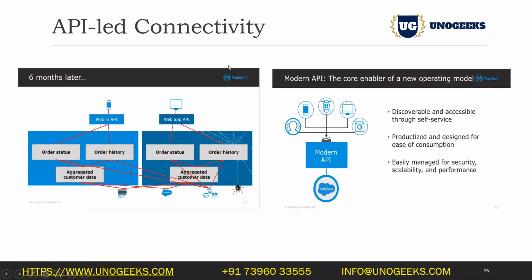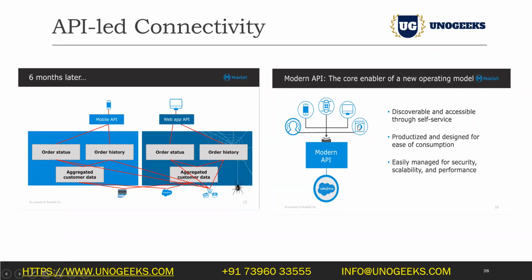That's why MuleSoft came and provided us API-led connectivity. After 6 months, as I was saying, you'll have a new mobile application, and how will you connect it? That is why we have API-led connectivity. In modern API architecture, you have a web application, you have a mobile application, and nowadays even in our electric vehicles we are getting order details and many more details.